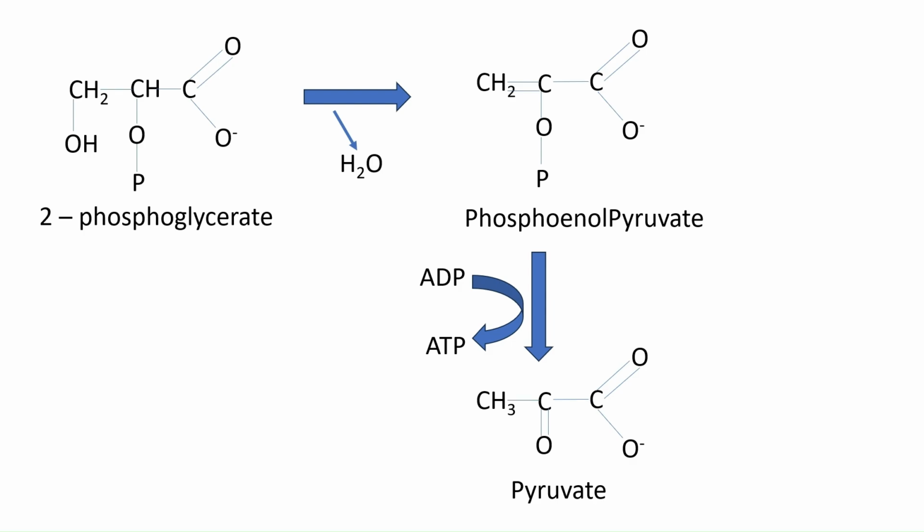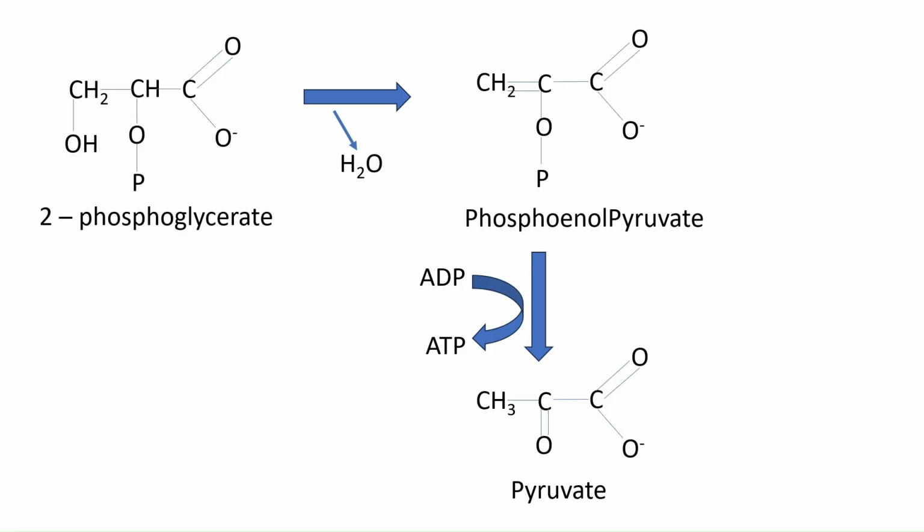And this is the second step where we get 2 ATP. So, for one molecule of glucose, we invested 2 ATP at the beginning, and then we got 4 ATP in return. So that means we got a profit of 2 ATPs for one molecule of glucose.